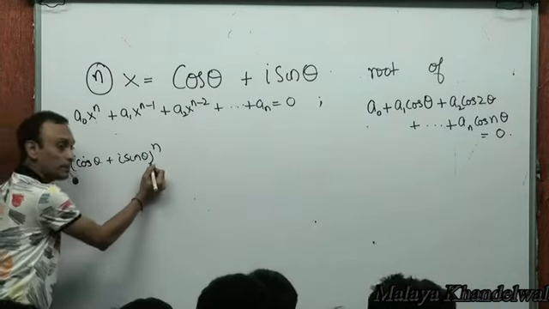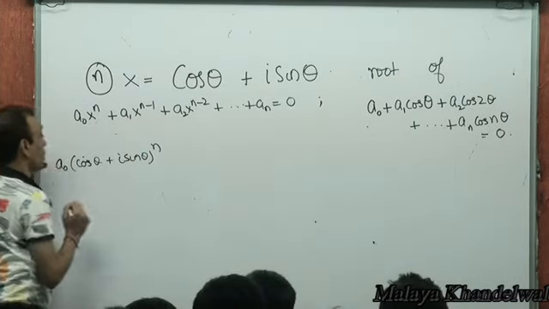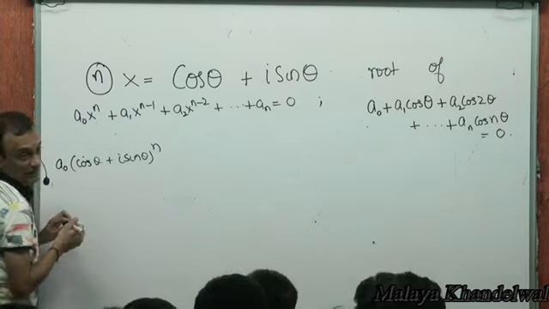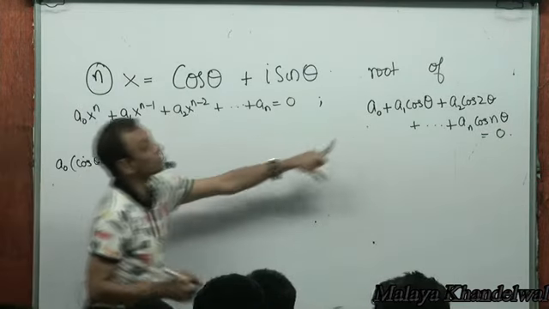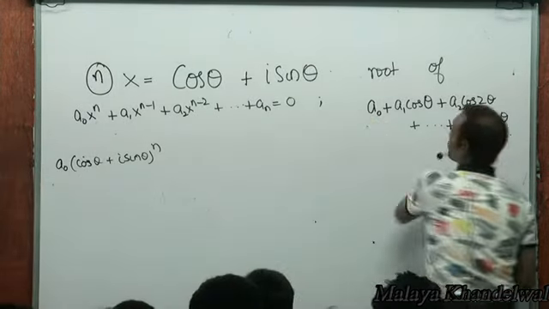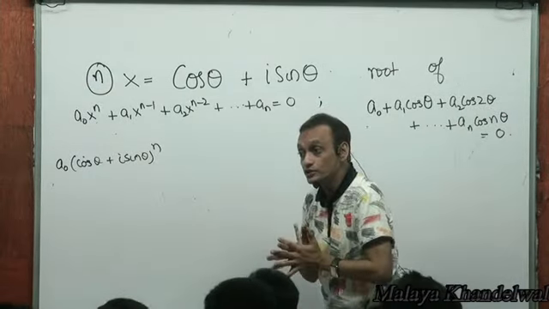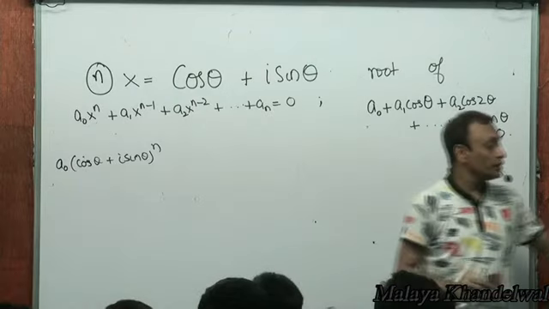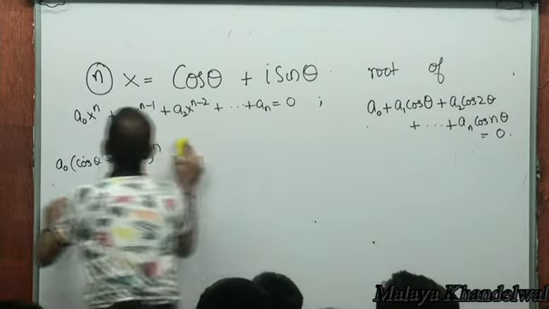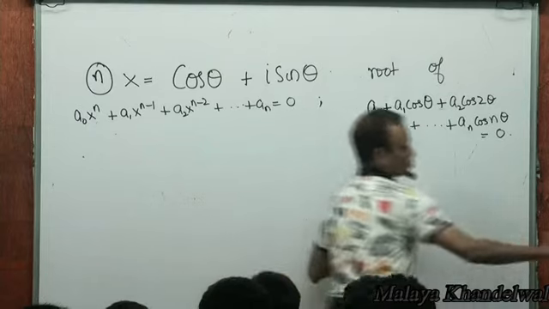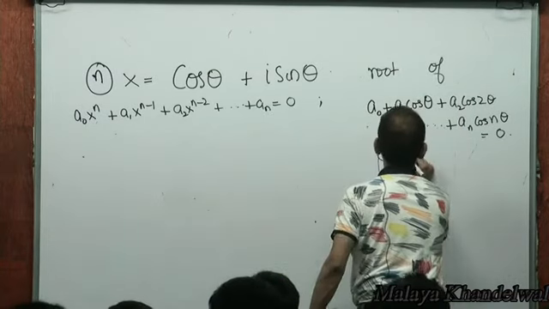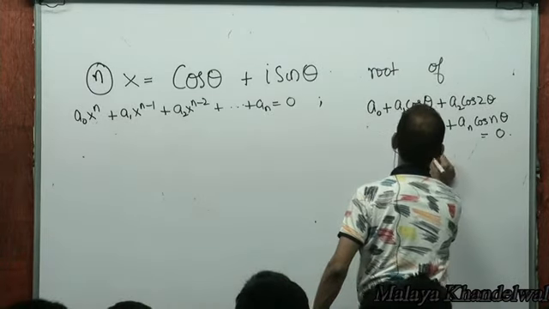That means cos n theta plus i sin n theta. That means a naught cos n theta we'll get. But we don't need a naught cos n theta here. We need an cos n theta. That means we need to do some jugglery here to produce that, right? Now realize that if cos theta plus i sin theta is a root, then cos theta minus i sin theta will also be a root.